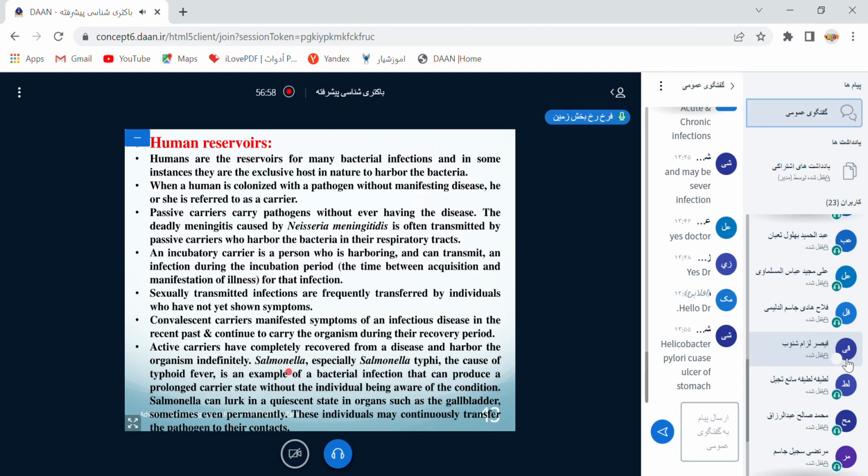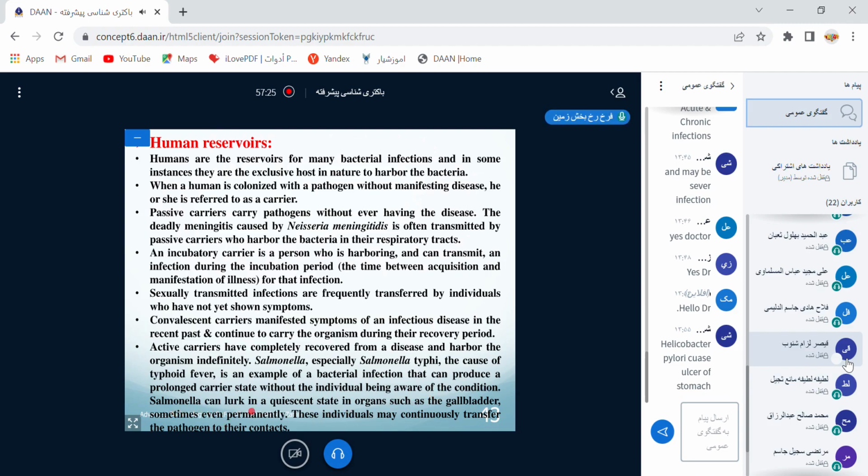For example, Salmonella, especially Salmonella typhi, the cause of typhoid fever, is an example of a bacterial infection that can produce a prolonged carrier state without the individual being aware of the condition.